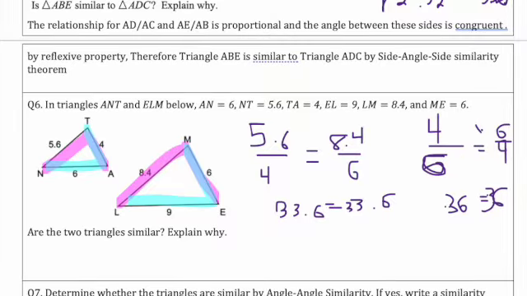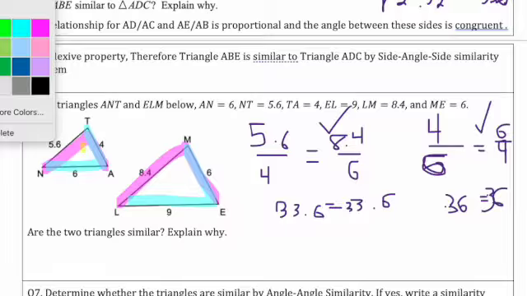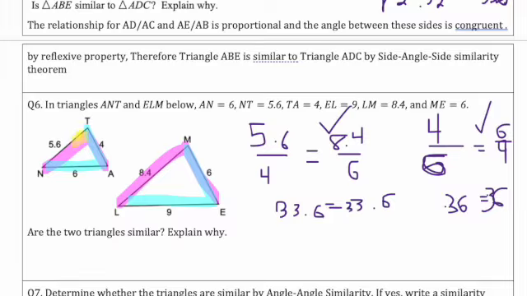Okay, proportional and proportional. So let's try the last 3 lines. And we have, right, these two. And we'll do 5.6 over 6 is equal to 8.4 over 4.